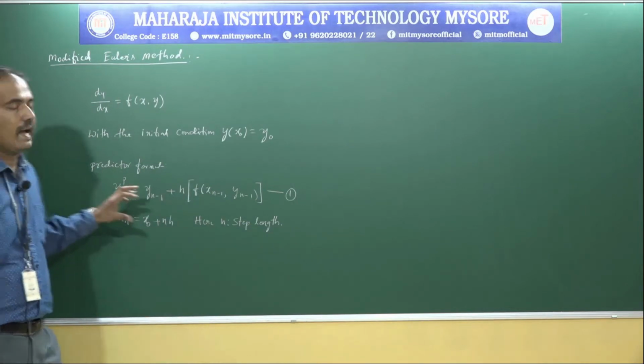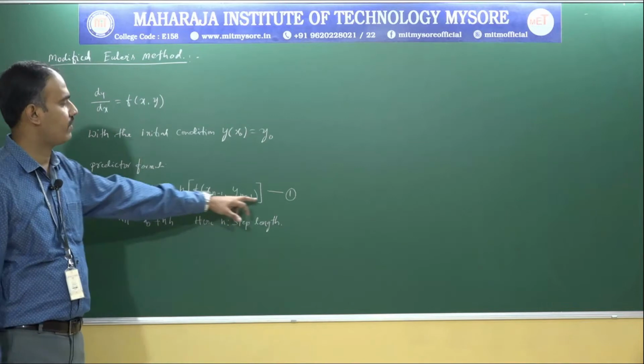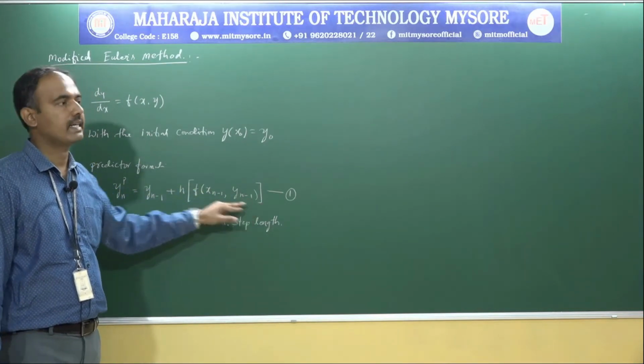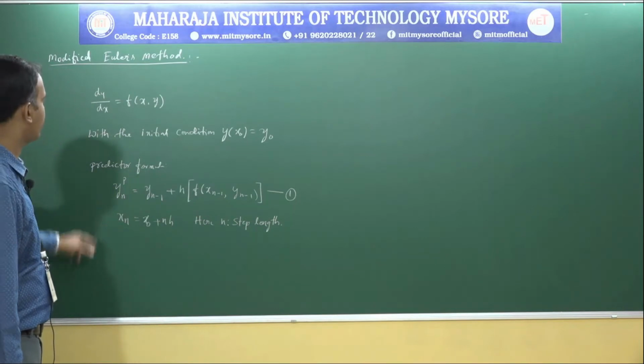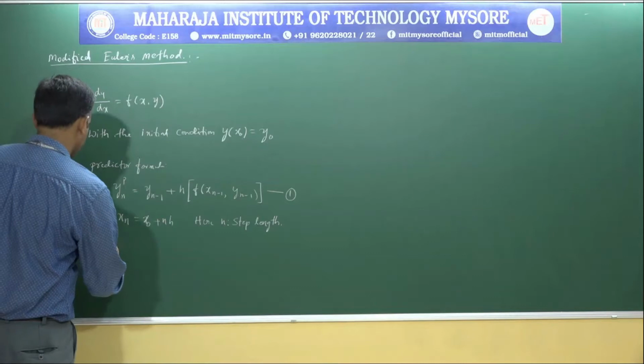Since accuracy is poor in this formula, especially in the first equation, Euler later considered another alternative formula, that will be the corrector formula.